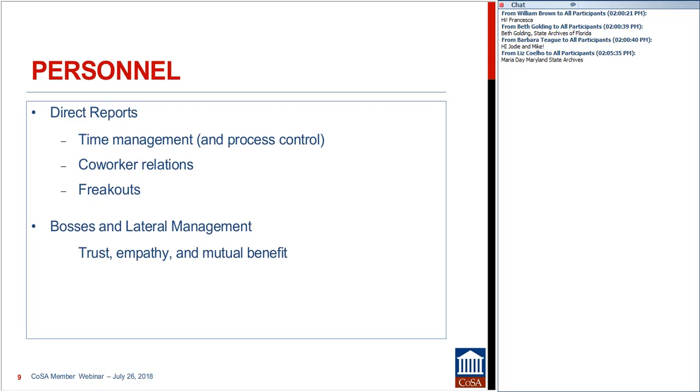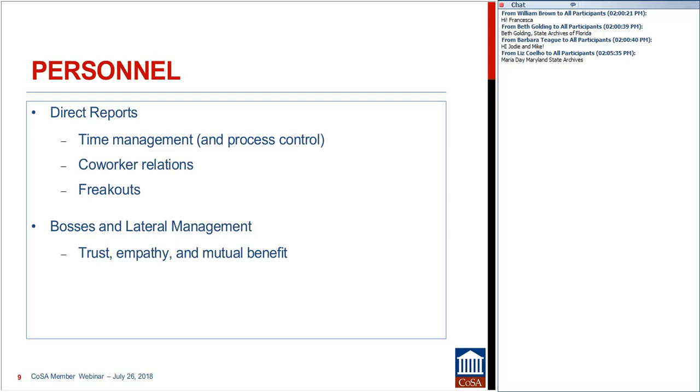If you are someone who has an awful lot of direct reports, people who answer directly to you and only to you, this is easier. It's much easier when you have full control over someone's time and how they approach their work. It's not true for most of us.